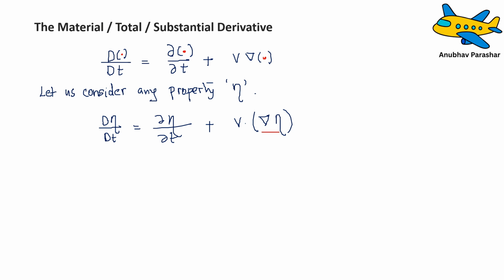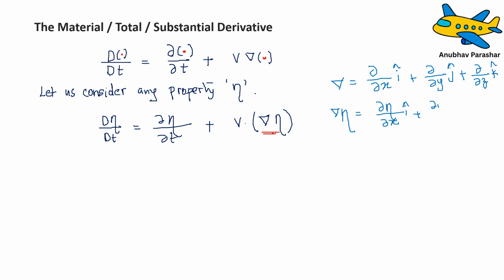Now look at this first of all. What is del? If I am taking the del operator, this is how it is written: partial derivative with respect to x i cap, plus del by del y j cap, plus del by del z k cap. Now if you multiply eta with it, del eta becomes del eta by del x i cap, plus del eta by del y j cap, plus del eta by del z k cap.